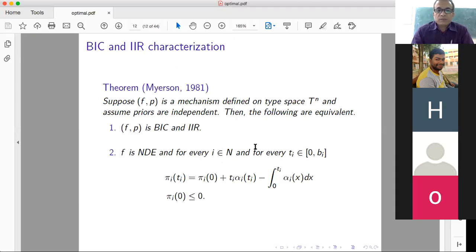What we do is use the characterization from the earlier lectures of BIC and IIR mechanisms, which says that every such mechanism must satisfy that F is non-decreasing in expectation, the expected payment formula satisfies this property, and the lowest type's expected payment is less than or equal to 0. If these three conditions are true, then it's if and only if the mechanism is BIC and IIR.